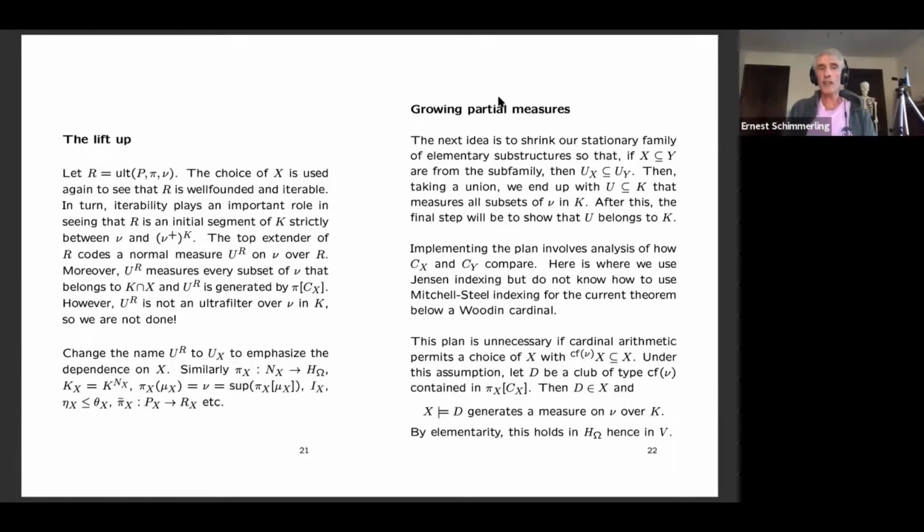Yeah, so that's great. We have a lot of understanding of what's going on, but we haven't gotten a measure over nu yet. We've only gotten a kind of fragment of a measure. And we're going to need to put these all together for different x's in order to get the measure we want over nu in K. So for that, I want all of the notation to refer to x.